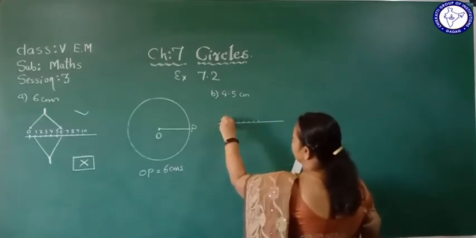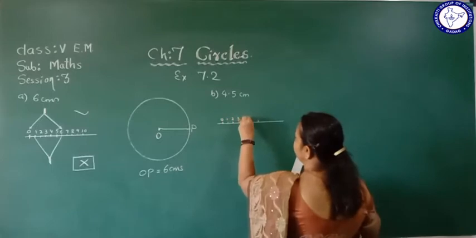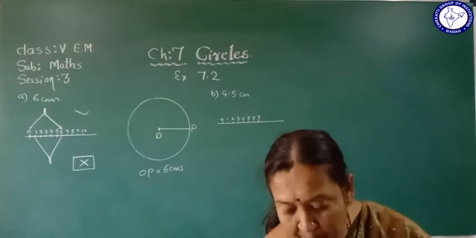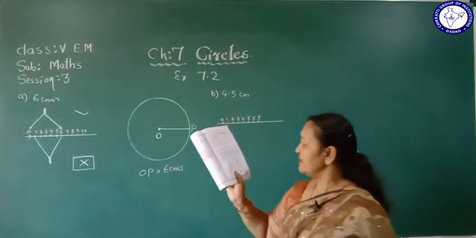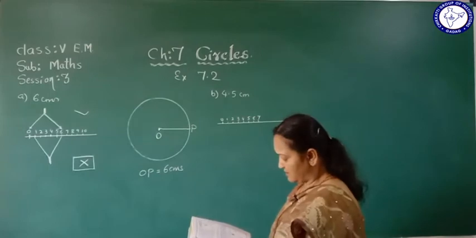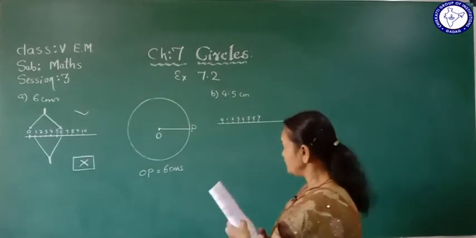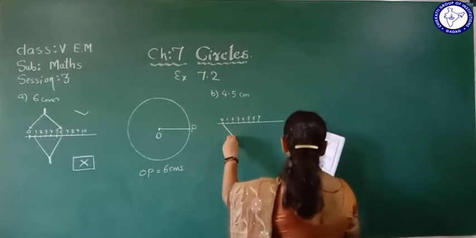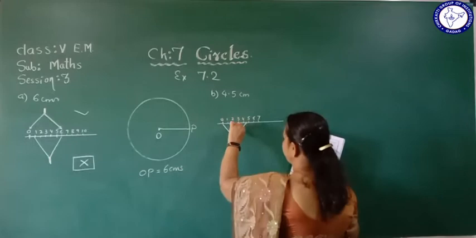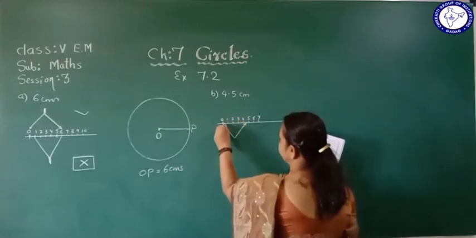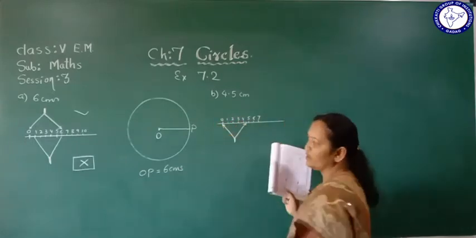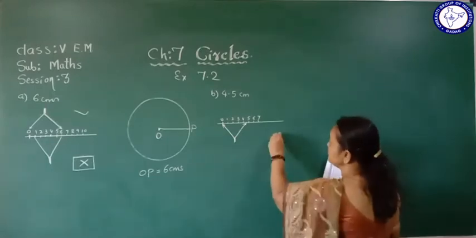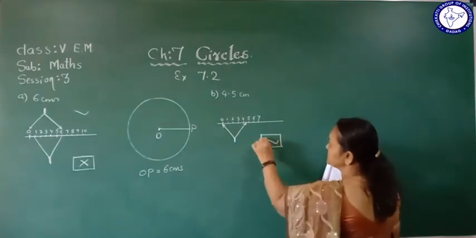Then he has kept a compass. Check the textbook. He has kept his compass on 0, and from here till 4.5 he did. This is 4.5. So the compass is kept correctly. So this one is the right answer. Here you should put right.